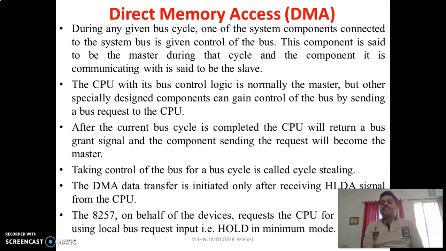The CPU with its bus control logic is normally the master, but other specially designed components can gain control of the bus by sending a bus request to the CPU. After the current bus cycle is completed, the CPU will return a bus grant signal and the component sending the request will become the master.